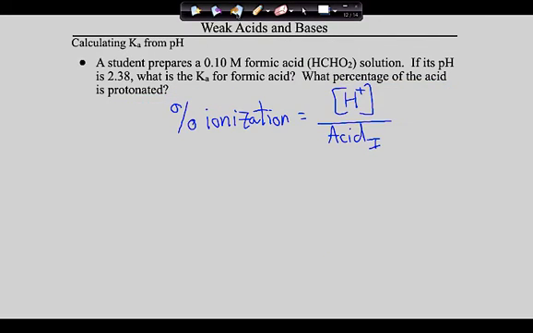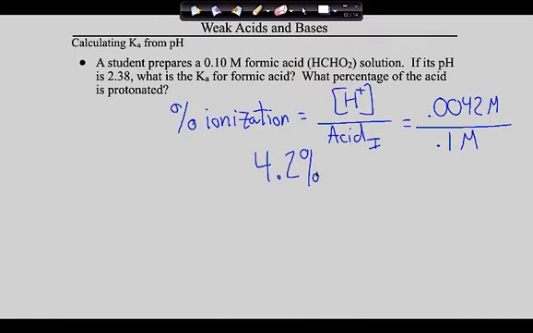So this would be 0.0042 molar divided by 0.1 molar, and then to convert that into a percentage, we'll multiply it by 100. Guys, 4.2%. That's protonated.